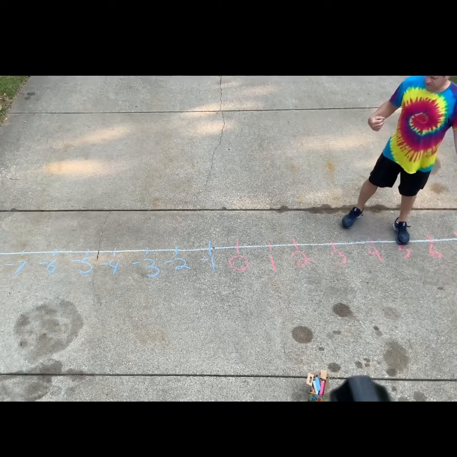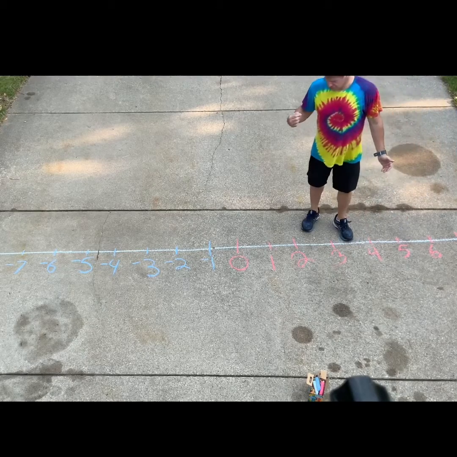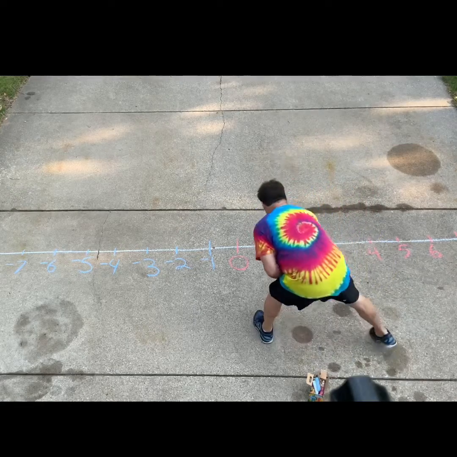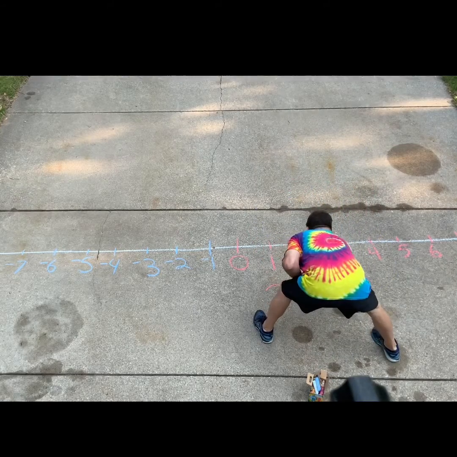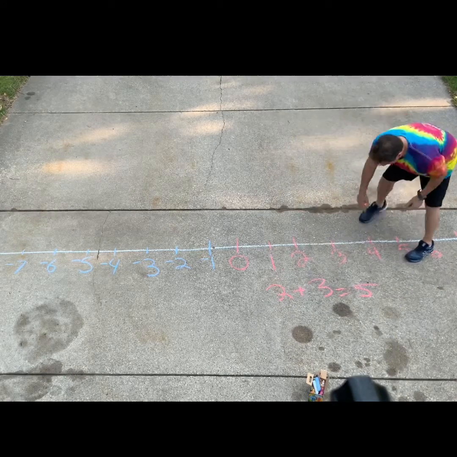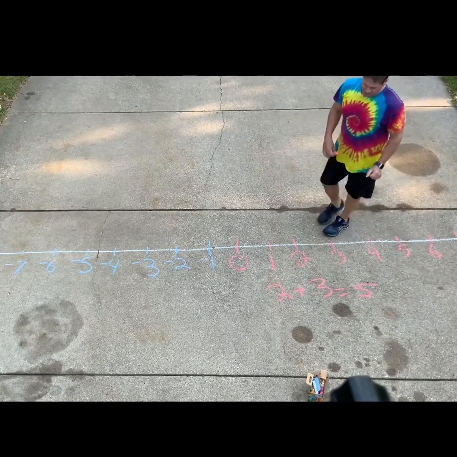Now it gets a little bit different when you go into negative numbers, but not that much. For us, we did 2 plus 3 equals 5. It means start at 2 and move 3 in the positive direction.